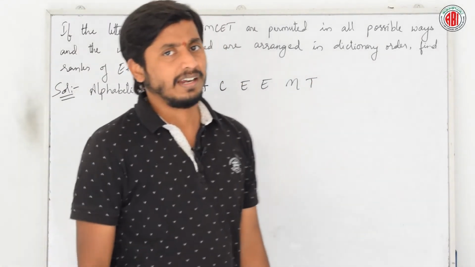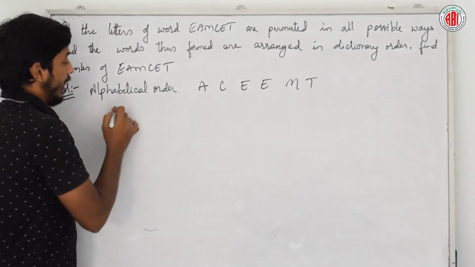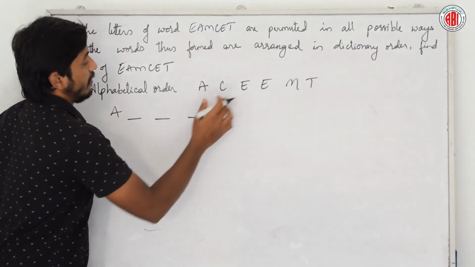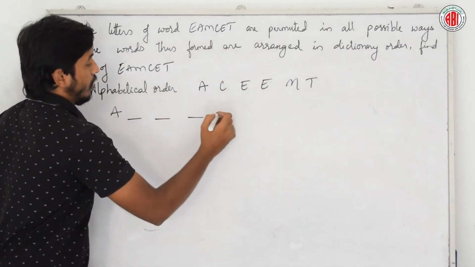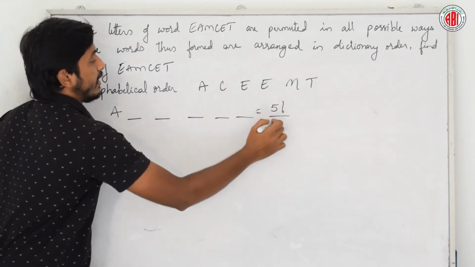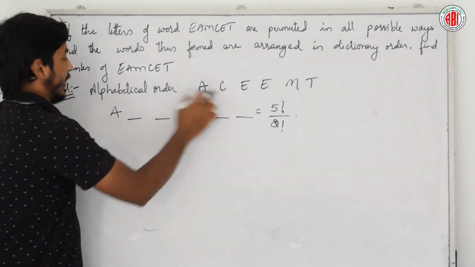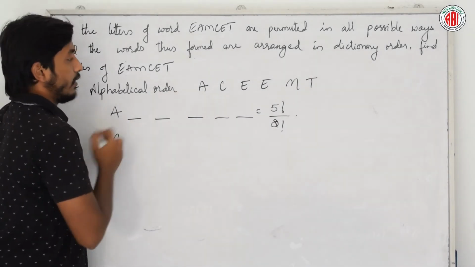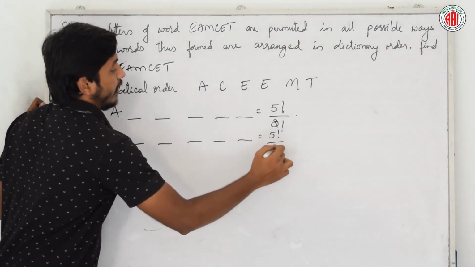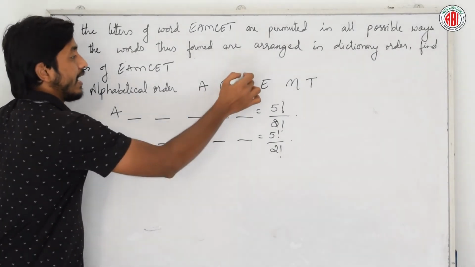The same thing. Let us start. First one, A. Obviously we don't start our word with A. So 1, 2, 3, 4, 5. 5 factorial by, since E is repeating, 2 factorial. Is it okay? Next, C. No, it doesn't start with C. Again 5 factorial by 2 factorial. Right? Next, is it starting with E?